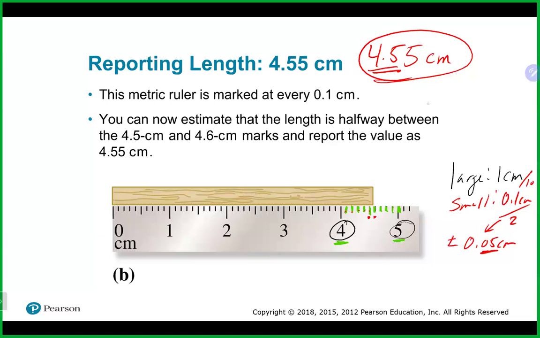That is 2 decimal places, where we should take our reading to. Once again, usually it is one more place to the right of the smallest marking where you should take that reading. This also has 3 significant figures, with the last 5 being the uncertain number. Any questions on that one?